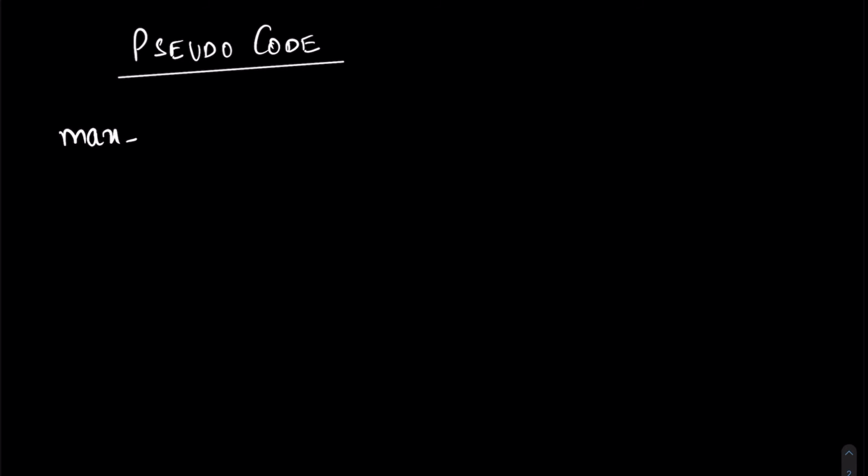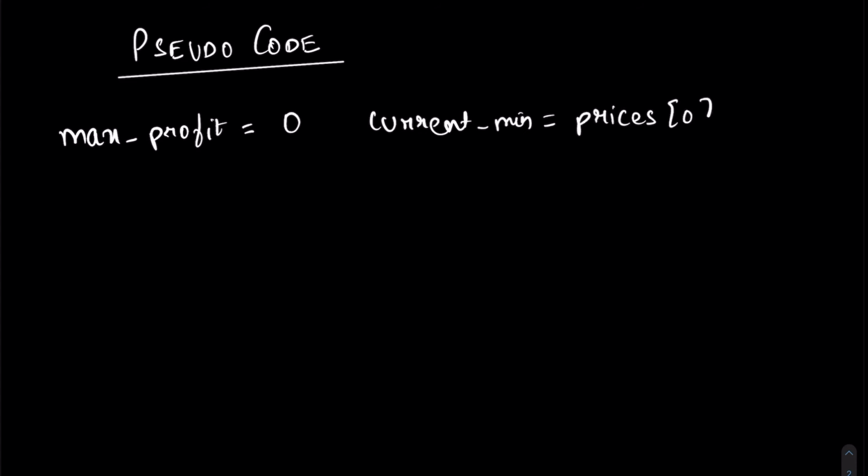Let's initialize max profit to be 0 and current min to the first element of the list. We can then iterate over the prices for different days. Then update current min as we encounter each price.